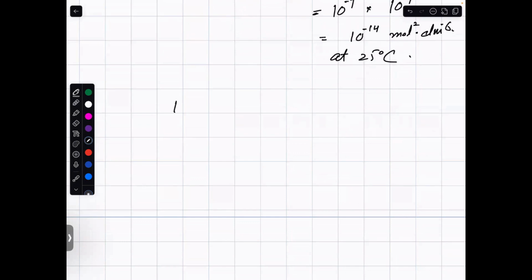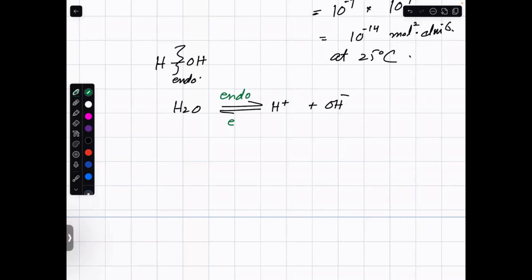Now, next point, look. We know that in water, the bond is breaking. See? The bond is breaking. If the bond is breaking, it is endothermic. The forward is endo. The backward is exo.